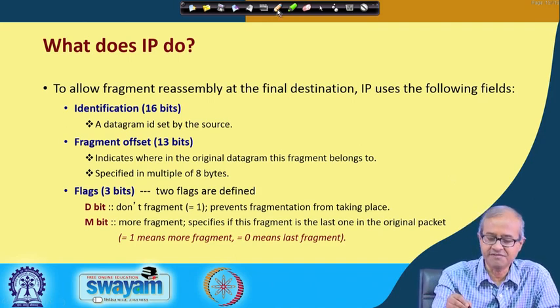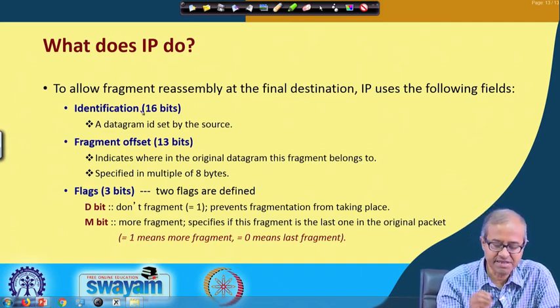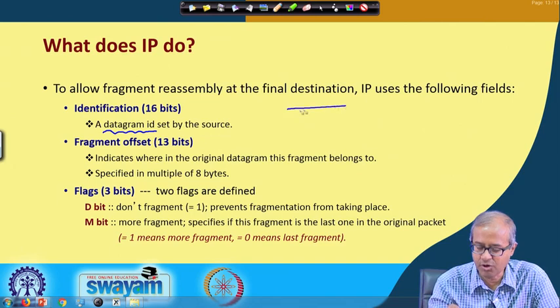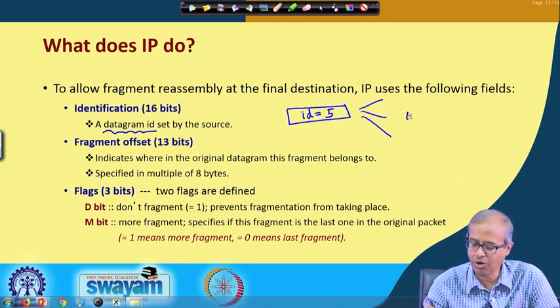The meaning of these fields are as follows. The identification is a 16-bit field. This identifies the datagram ID, that means the original packet ID. The idea is that if my original packet has an ID of, let us say, ID equal to 5, then all the fragments that will be created from this packet will all be having ID of 5.